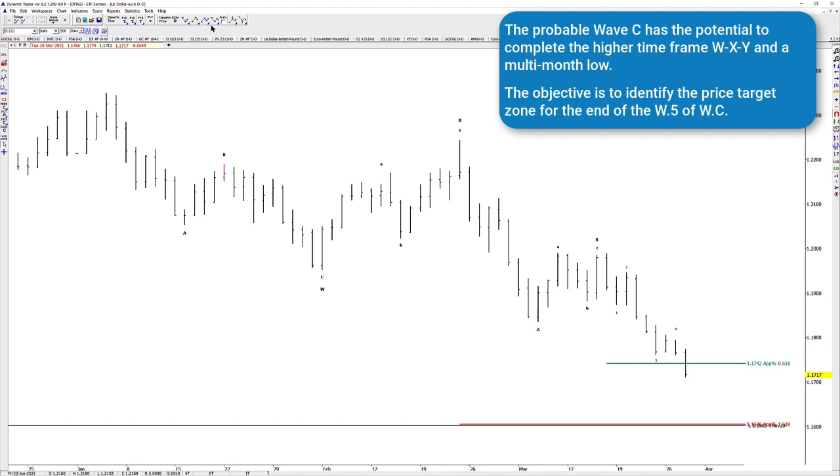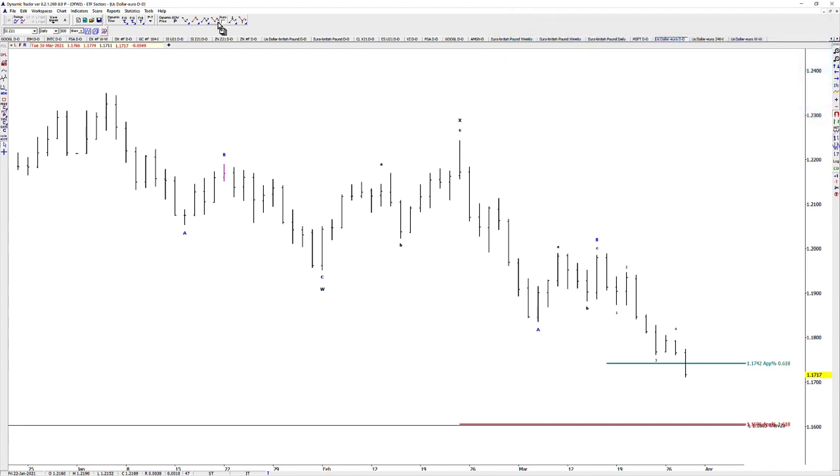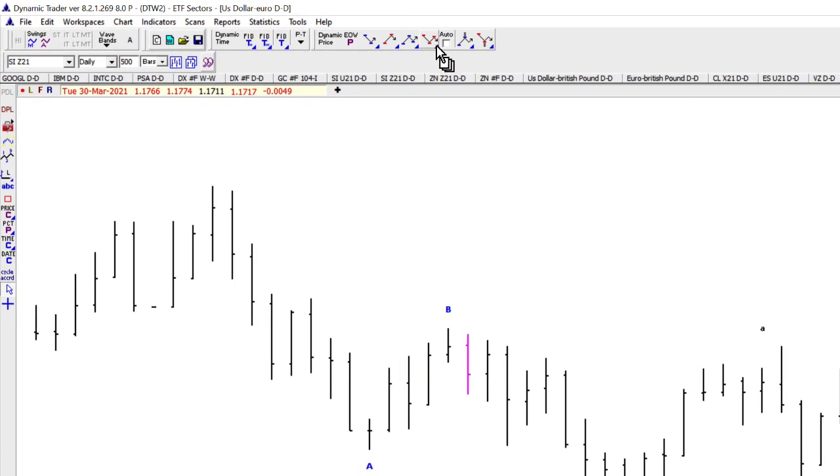So what do we begin with? Let's begin with some alternate price projections. I think I already got 62.1 and 162. So we'll measure the wave 1 and do it from the probable end of the wave 4. That's the 100% alternate price projection where 5 equals 1. What's the other alternate price projection relationship for a wave 5?